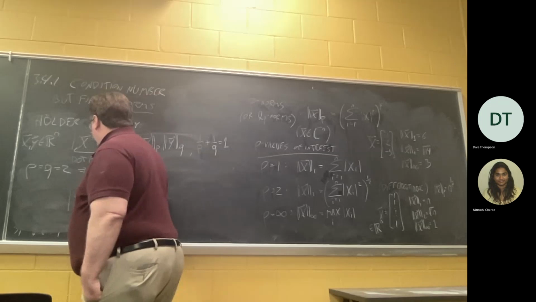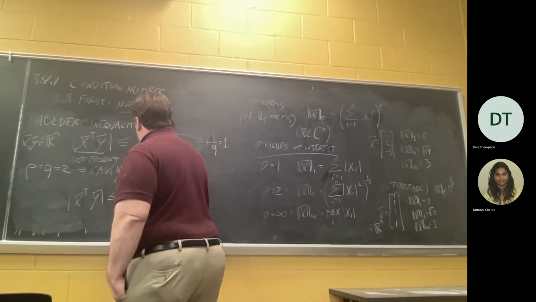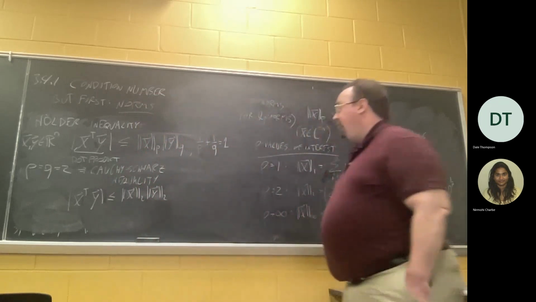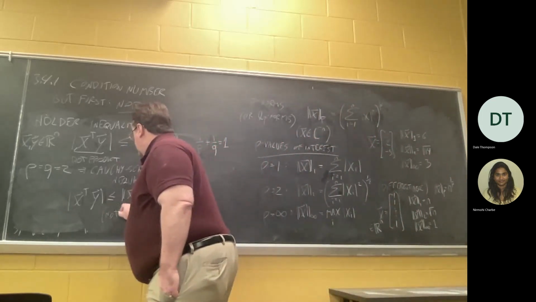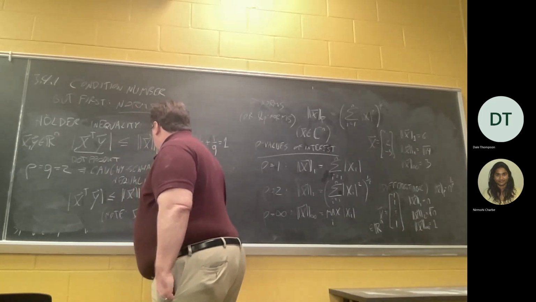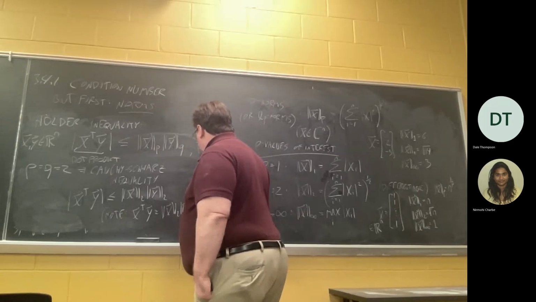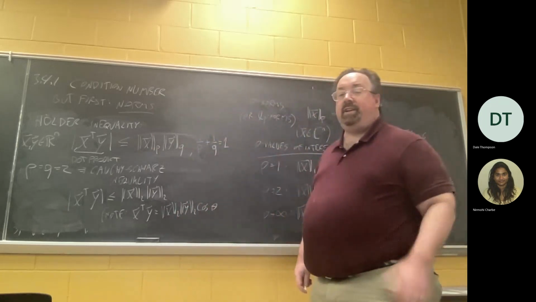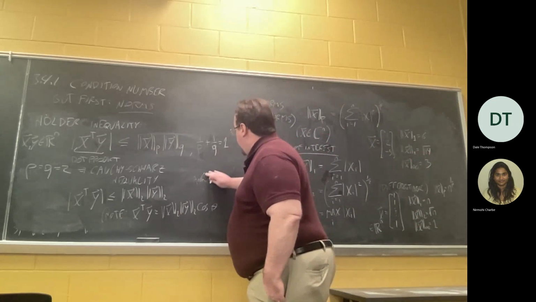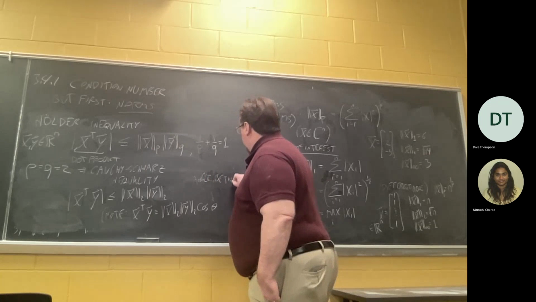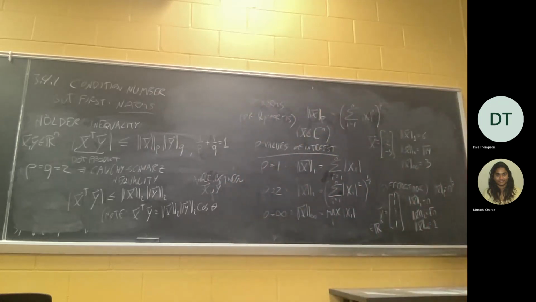That is that the absolute value of the dot product of X and Y is less than or equal to the 2 norm of X times the 2 norm of Y, which makes sense when you consider that the dot product of X and Y is equal to the 2 norm of X times the 2 norm of Y times the cosine of the angle between X and Y. So that's what theta is, the angle between X and Y. And certainly, cosine can't be any greater than 1.